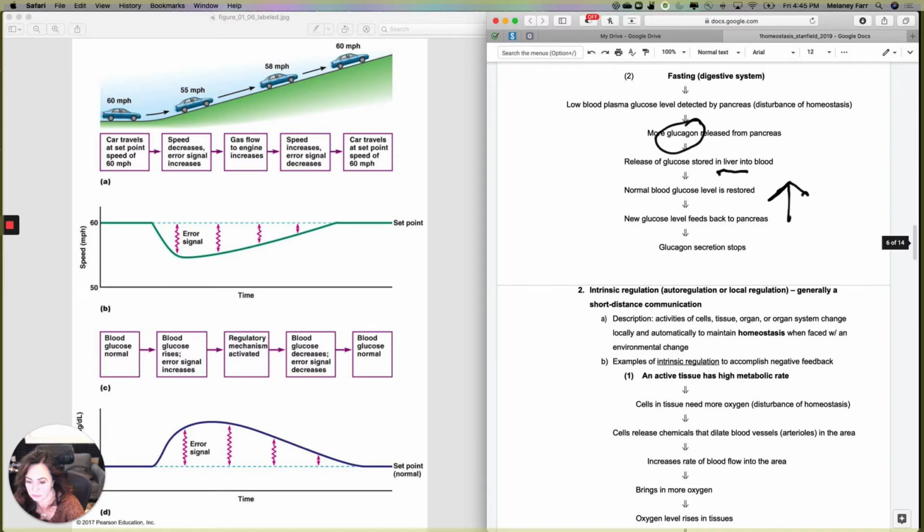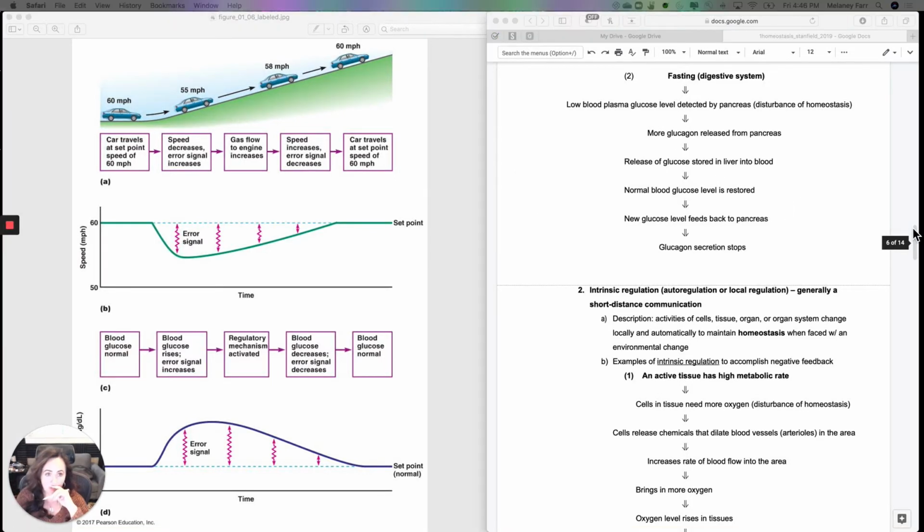But again, this is important because now that the normal level is restored, you need to know when to turn all of this off. So now what I need to do is I need to feed that new glucose level back into the system with negative feedback inhibition so I know when to stop. So let's reiterate. Okay, so with this example, hopefully you can see that this is negative feedback.